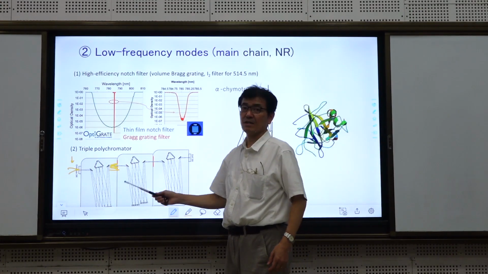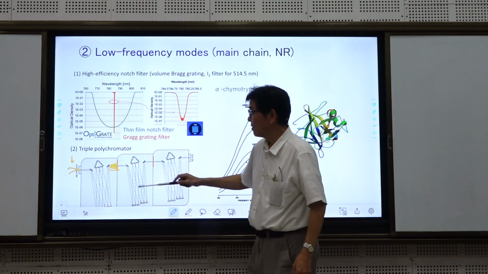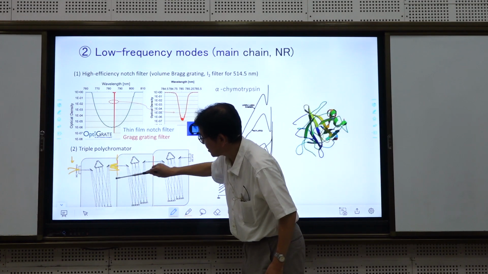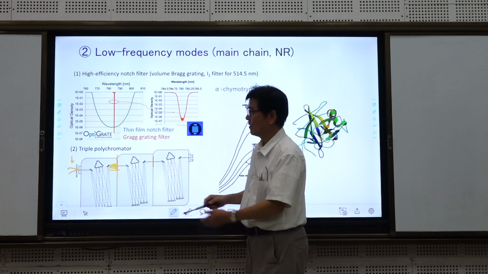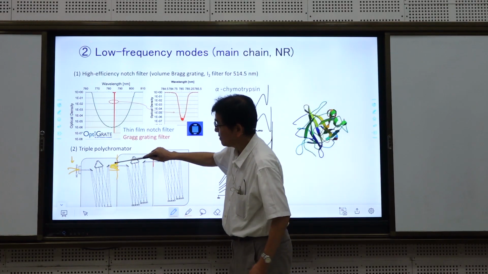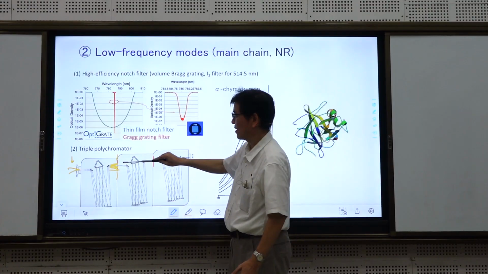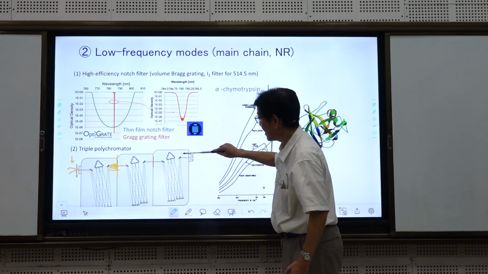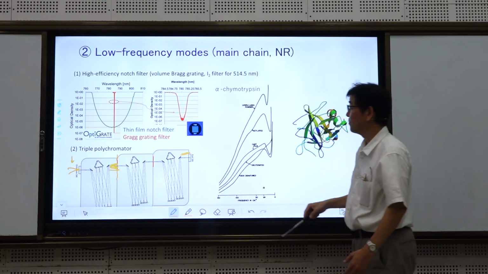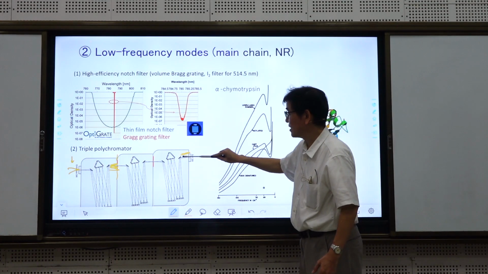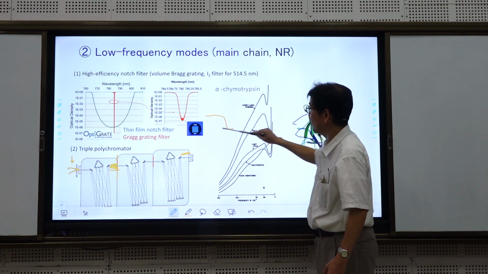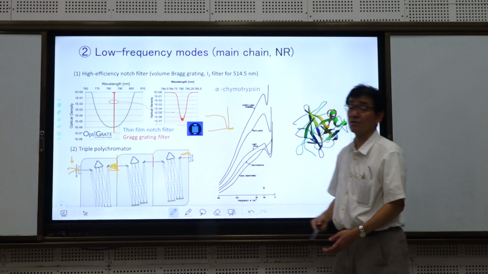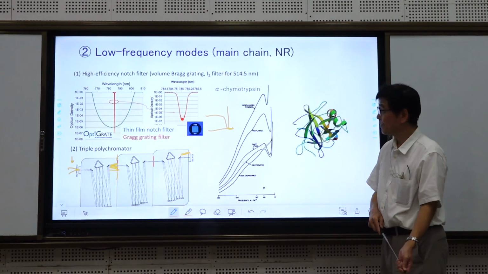Let's put three monochromators together. Then put the slit here. Then the dispersion of different colors becomes larger and larger, and the Rayleigh line can be cut very effectively. So we can detect the low frequency region also using a triple polychromator.